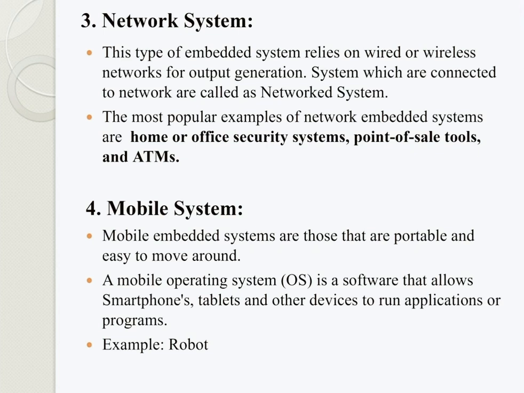Systems which are connected to a network are called network systems. The most popular examples of network embedded systems are home or office security systems, point of sale tools and ATMs. Fourth one, mobile system. Mobile embedded systems are those that are portable and easy to move around. A mobile operating system is software that allows smartphones, tablets, and other devices to run applications and programs. Here, the example for a mobile system is a robot.